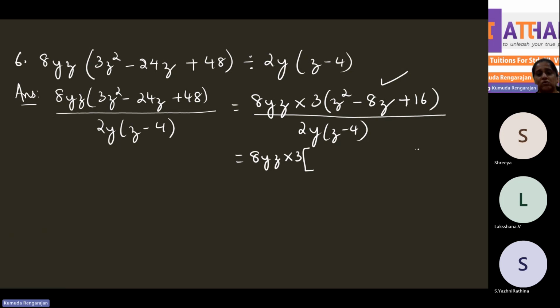Open and close square brackets. The first term is a square. The last term is b square. And in the middle we have minus 2 into a into b. Now, this is z. This is 4. 4 square is 16. 2 into a into b: 2 into a is z, into b is 4, and you can see 4 into 2, 8, 8z. That's what we have here.